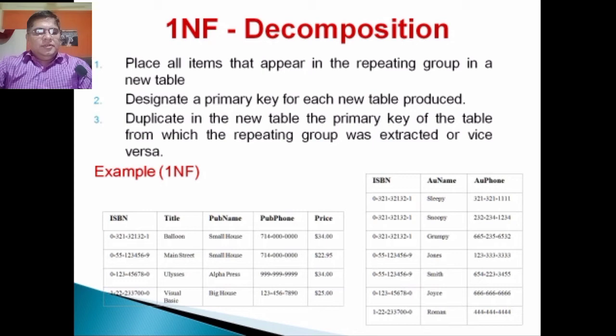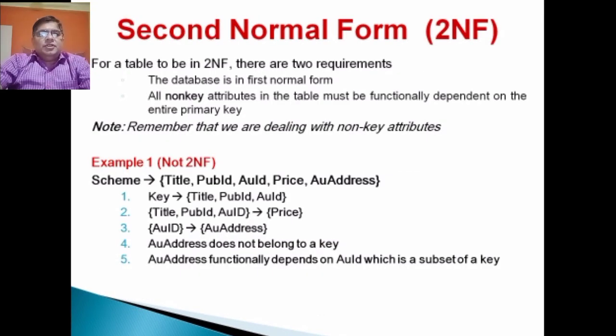Now second normal form. For a table to be in second normal form, 2 conditions must be satisfied. First, the database must be in first normal form. Second, all non-key attributes in the table must be functionally dependent on the entire primary key.